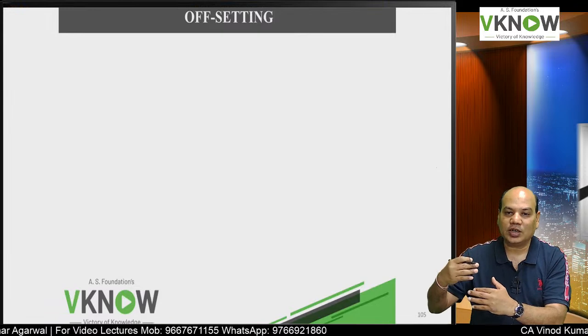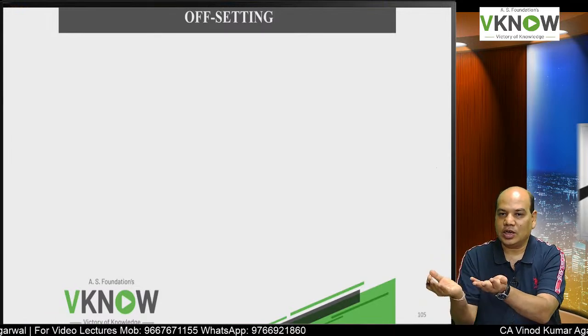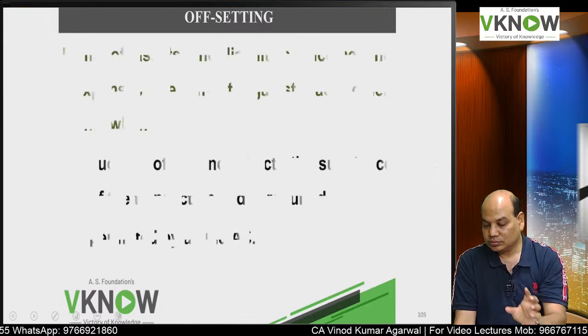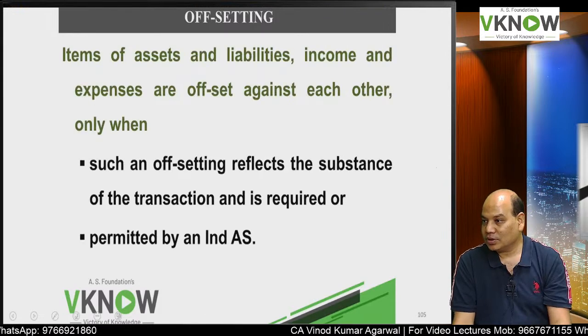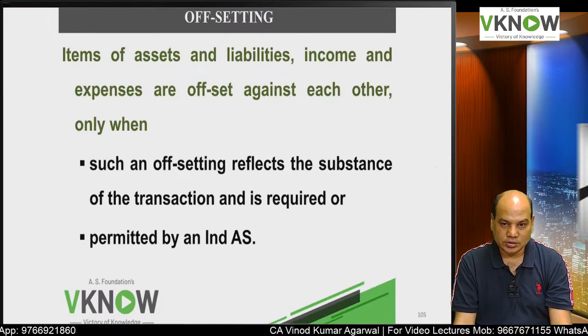In the provision standard, provision and related reimbursement can be netted off in the P&L account. If you are selling a television and giving warranty, you will make provision for warranty, but your manufacturing company says we will reimburse you that expense. So in the P&L account I will only put the net amount, which is allowed by the standard on provisions.